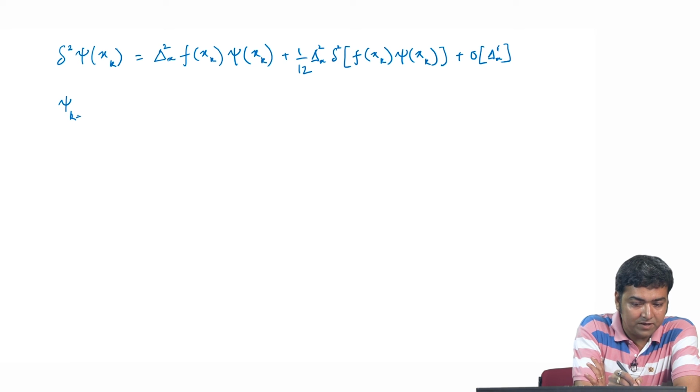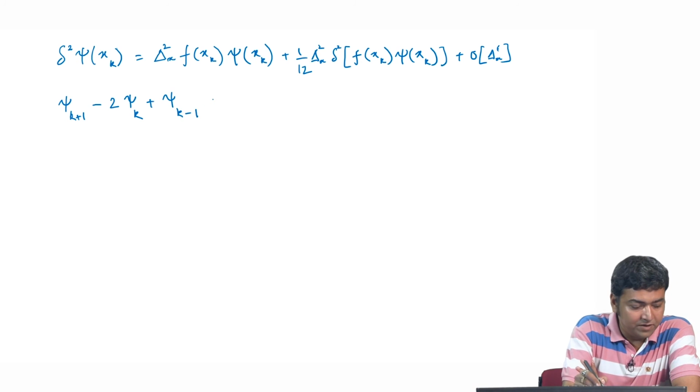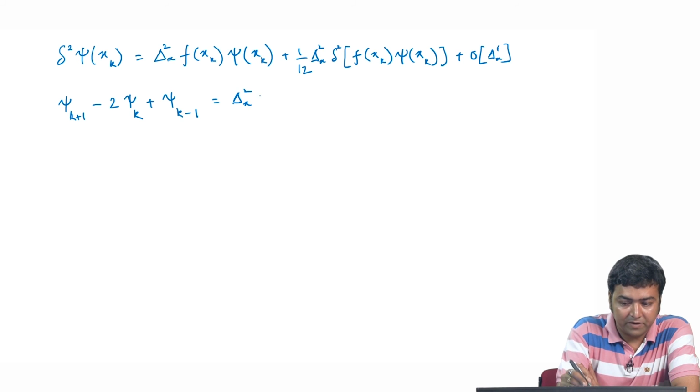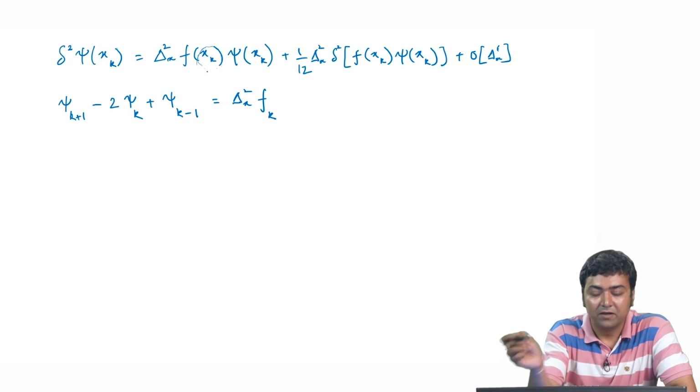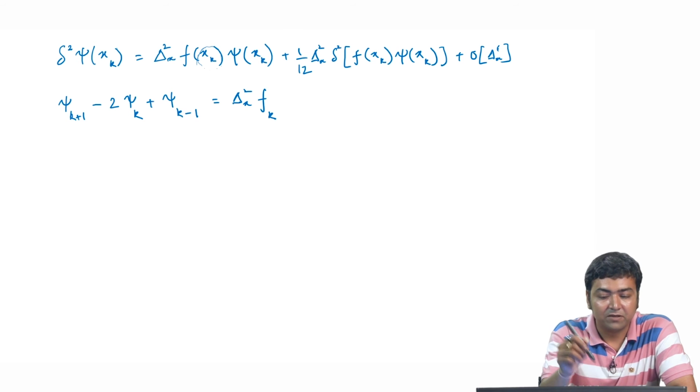Once I do that, we get the following. Psi k plus 1 minus twice psi k plus psi k minus 1 is equal to del x square f k psi k plus 1 by 12 del x square of this part. To make it simple, I am getting rid of the functional dependence on x k.